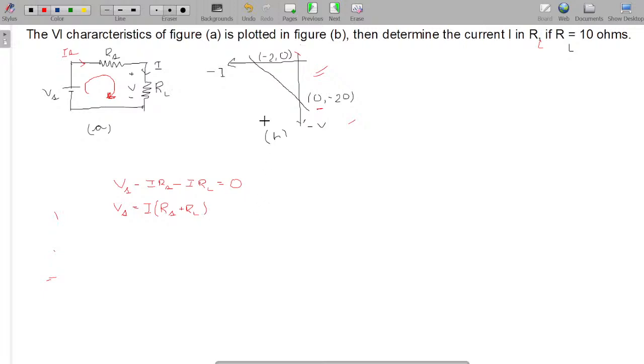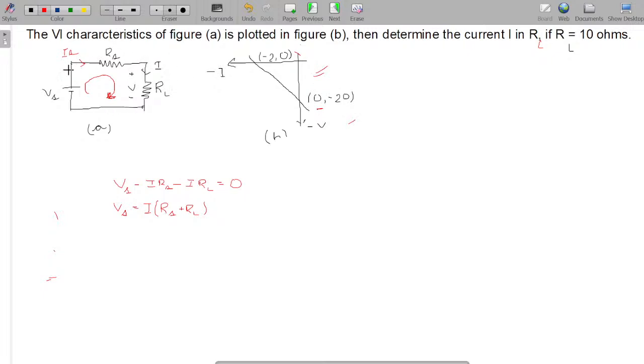Now, if we see this graph, we are given two intercept values, right? Tell me, when would the current in the circuit be 0? This current would be 0 when there is no current flowing in the circuit.